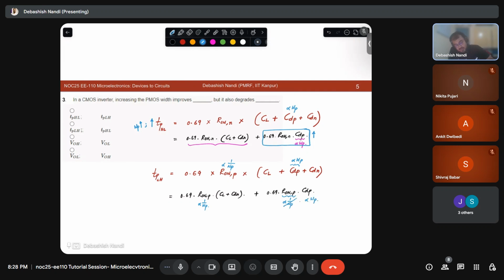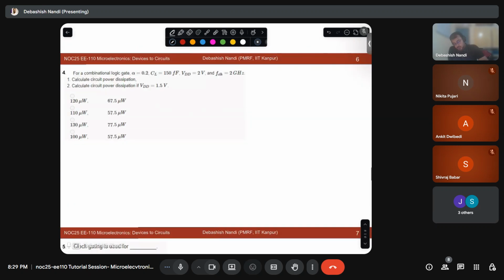This term does not change with WP, but this term decreases. So the overall TPLH decreases as WP increases. So it improves TPLH, but it degrades TPHL. Is that clear? Yes. Okay, let us now discuss power.